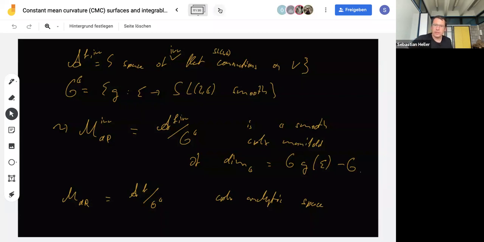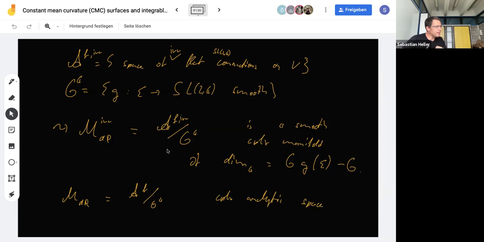So instead of solving nonlinear PDEs, like the Gauss-Codazzi equation, or applying some kind of minimization process like the Plateau solution, we can describe these harmonic maps or minimal surfaces in terms of complex curves into these finite dimensional manifolds. So this is an important observation.